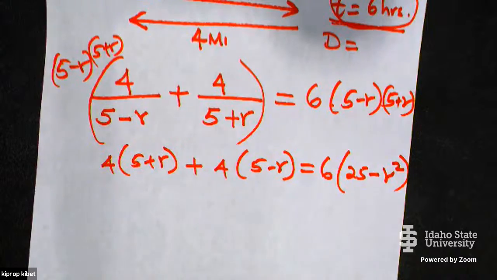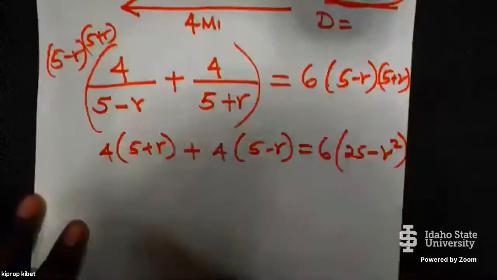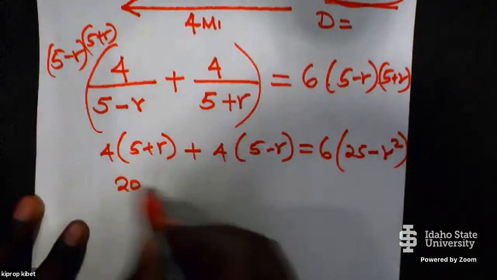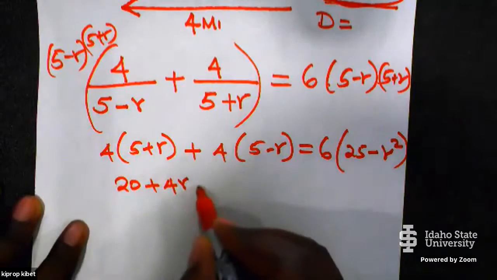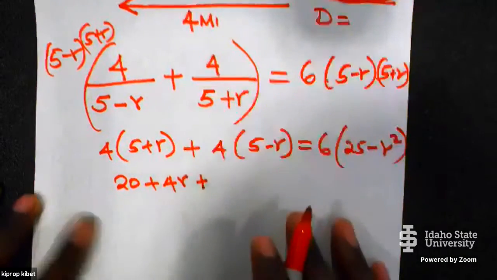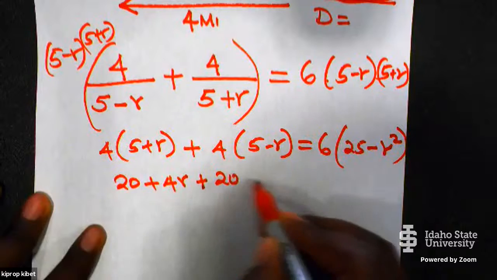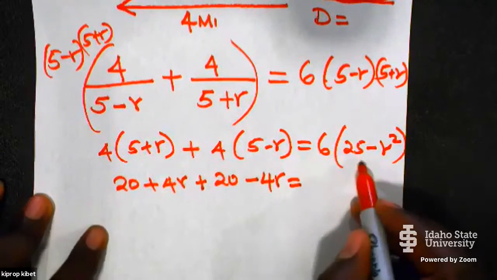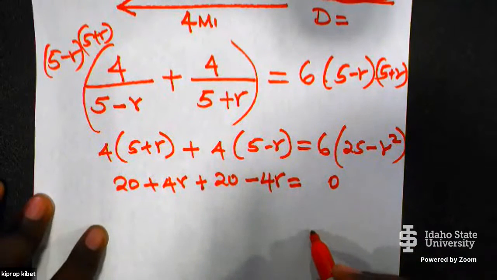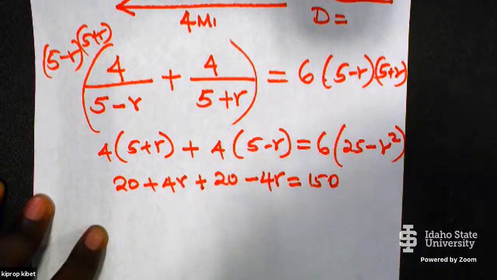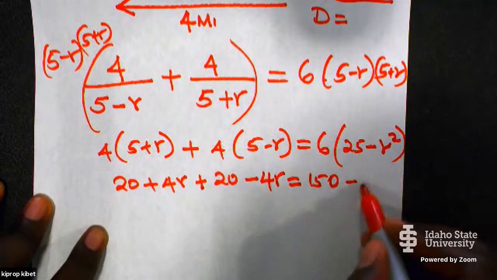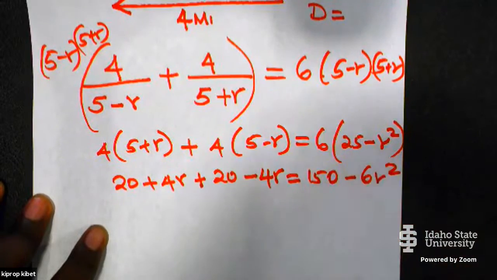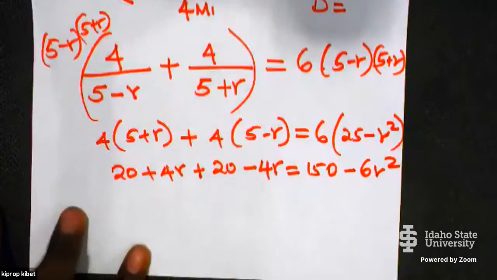Then now we solve. So here is 20 plus 4R plus 20 minus 4R equals 6 times 25, which is 150, then minus 6R squared.